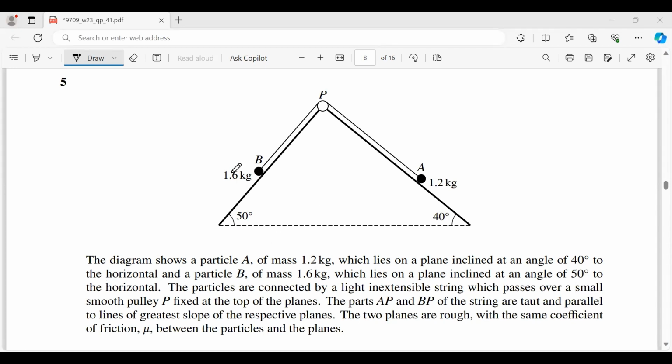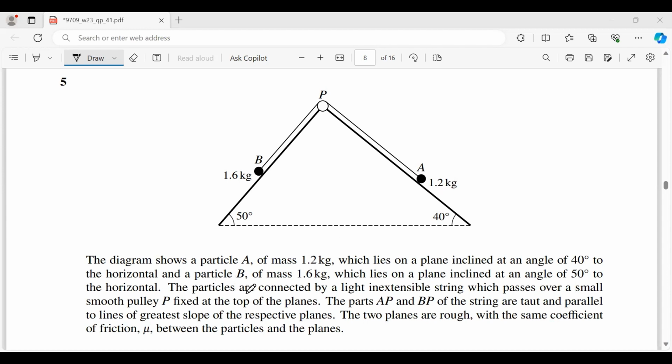So this is particle B and this one particle A, with angle 50 for B and angle 40 for A to the horizontal straight line. Mass of B is 1.6 kg, mass of A is 1.2 kg.